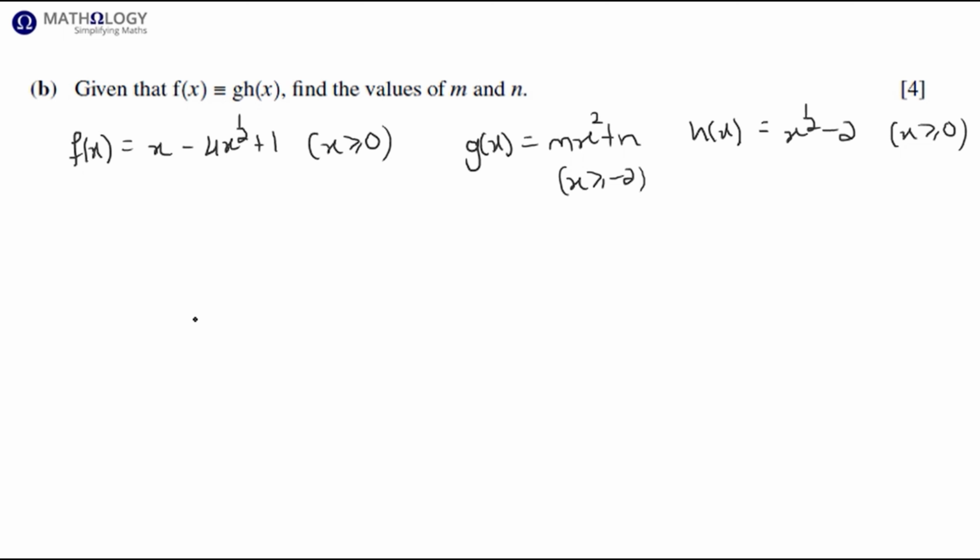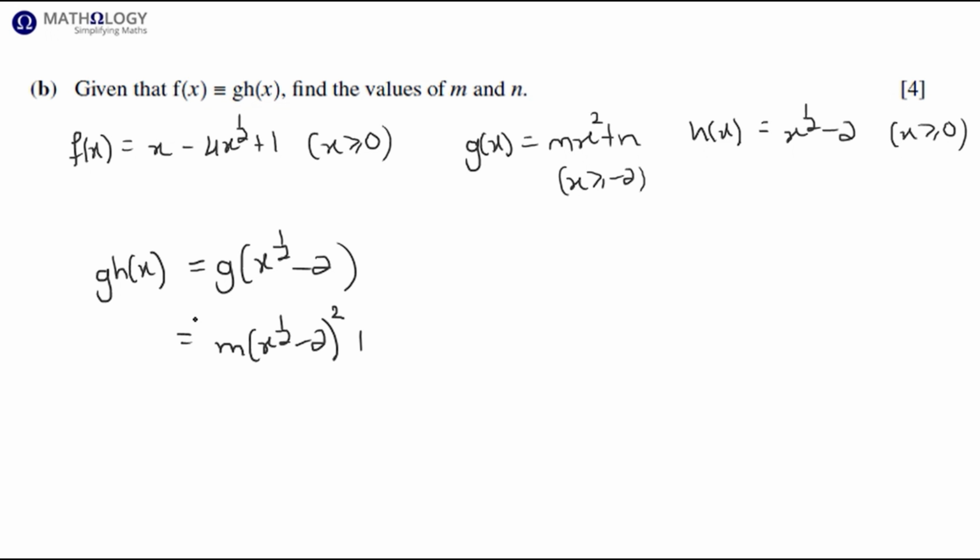Okay, given that f of x equals g of h of x, find the values of m and n. So we'll first find an expression for g h of x, g of h of x. So that'll be g of x to the half minus 2, which equals m times x to the half minus 2, all squared, plus n.